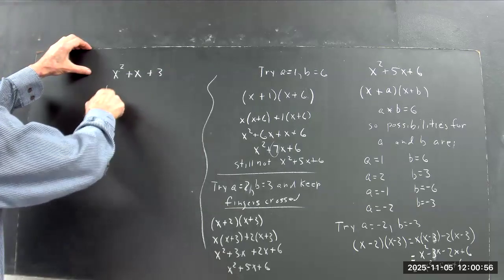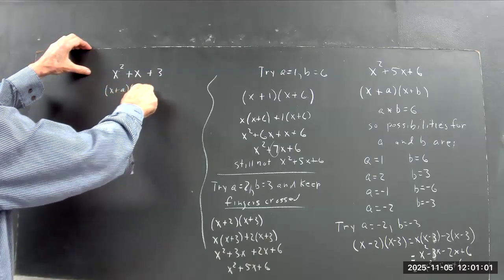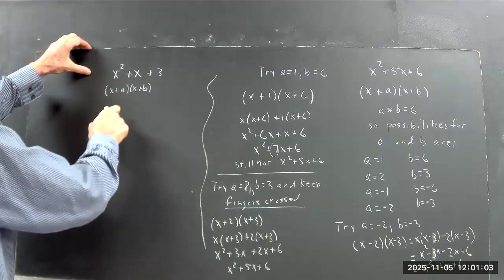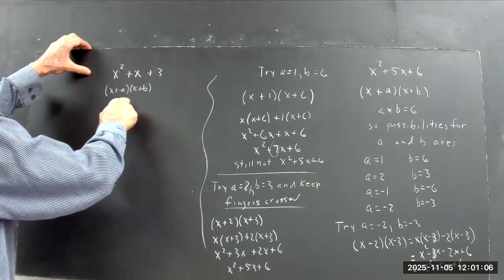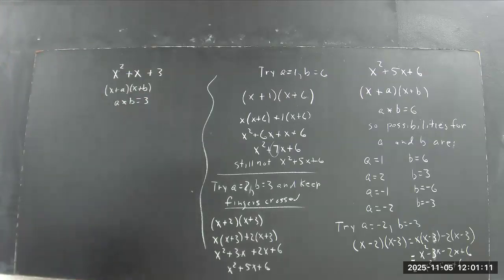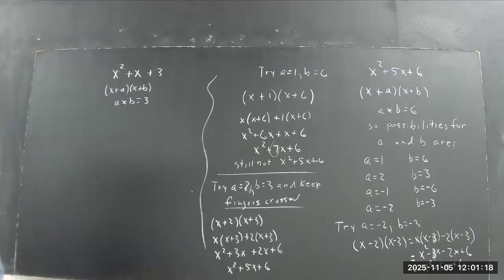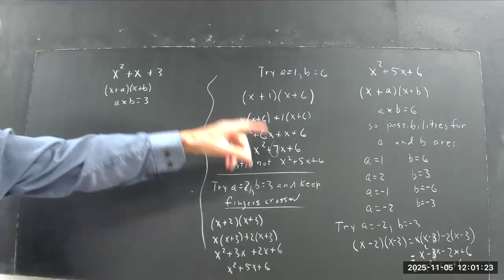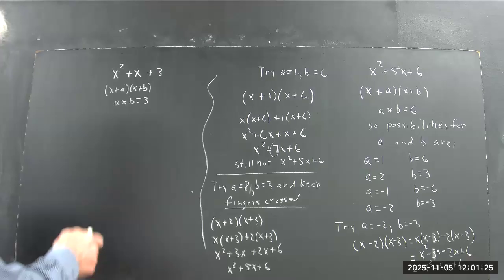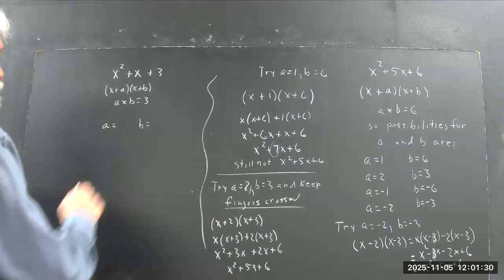Okay, if this is x plus A times x plus B, then again, A times B has to equal 3. Nobody ever does it, but I do recommend that you write out the steps as I've written them out, so you reinforce what you're doing. So go ahead and list possibilities for A and B.